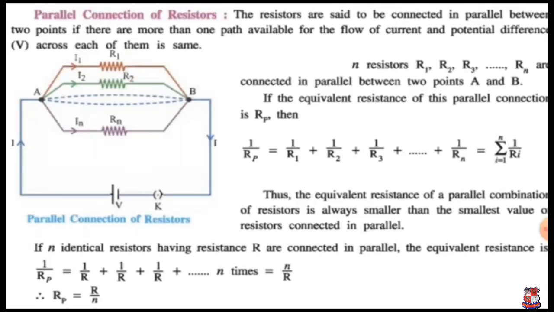In the earlier case of series resistance, we had the horizontal combination. Here we have the vertical combination. So R1, R2 up to Rn are parallel to each other, and the current flowing through resistance R1 is capital I1.